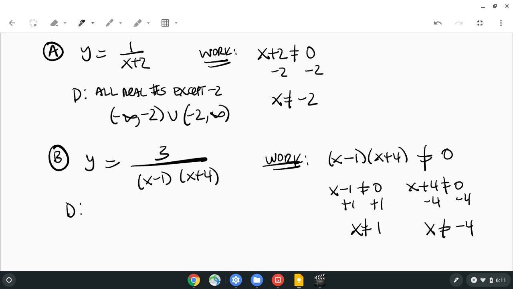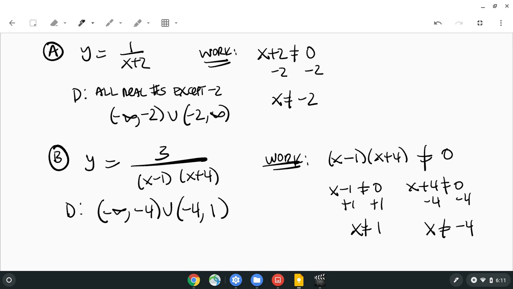So let's go ahead and write this in set notation, everything except for those. We're going to go from -infinity all the way to -4, and then we have a break because we have to exclude -4. Then we start again, and we have another break at 1.